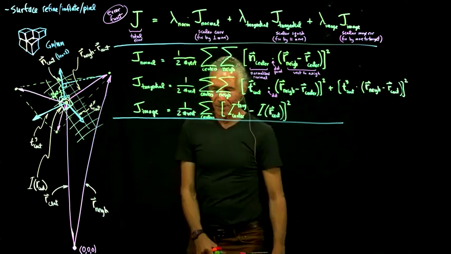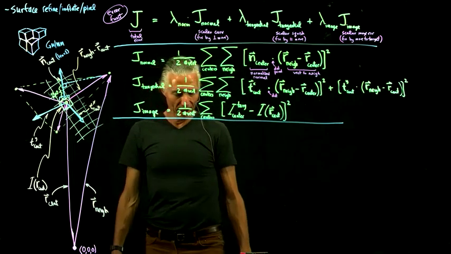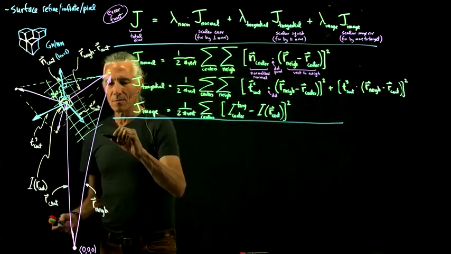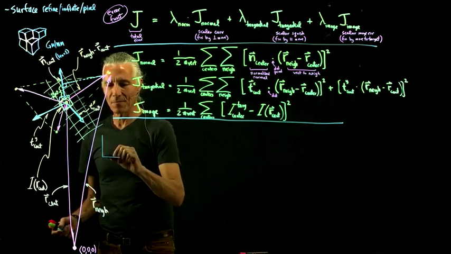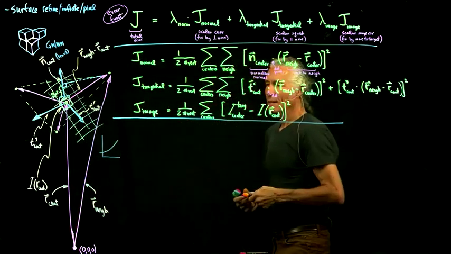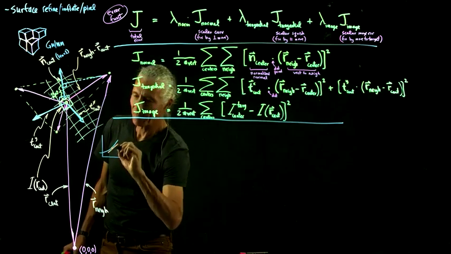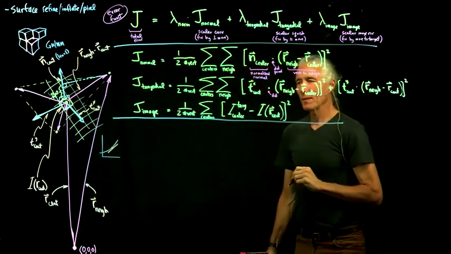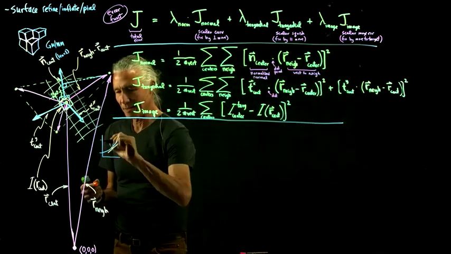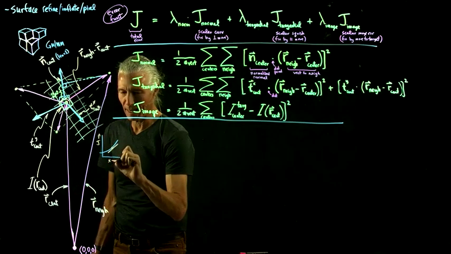Now we need to figure out how to reduce the error. If you think of it in a very simple 1D case, if we have some function like this, and at a particular point in the function, we calculate the derivative. And derivative is just the slope. This is our error function, J going up in that direction, and this is some coordinate like x.